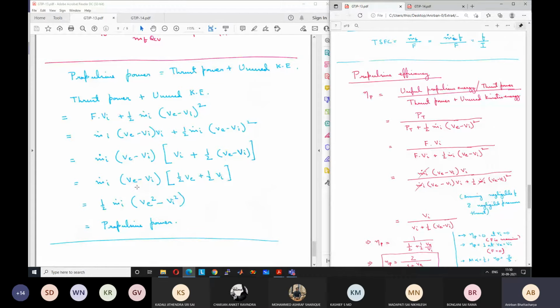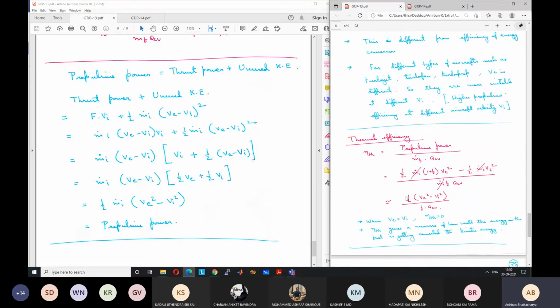This is the same as this value, meaning half m dot I V square minus Vi square, ignoring the mass flow rate of the fuel. So we can see that basically the thrust power plus the unused kinetic energy is nothing but equal to the propulsive power, which is the net change in kinetic energy that the engine is causing.